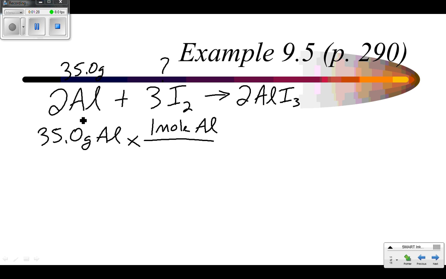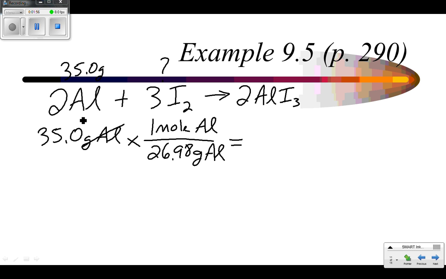On top here always goes 1 mole of a substance, and looking at the periodic table or John, we're going to see that the mass of aluminum is 26.98 grams. Okay, and so then 35 grams of aluminum times 1 mole of aluminum per 26.98 grams of aluminum.